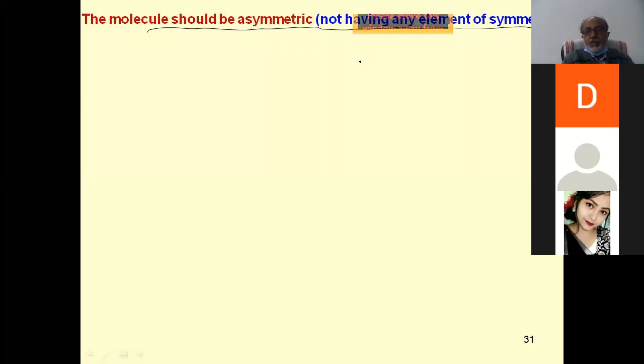There should not be any symmetry in the molecule. You have the symmetry axes, the C2 axis, C3 axis, which you have studied in inorganic chemistry. Suppose the molecule has a C2 axis of symmetry, then it will be optically inactive.